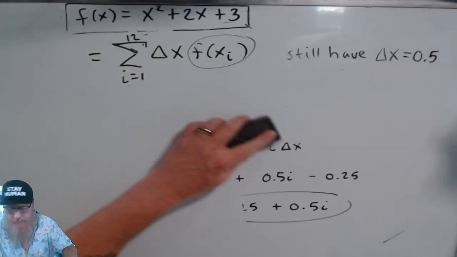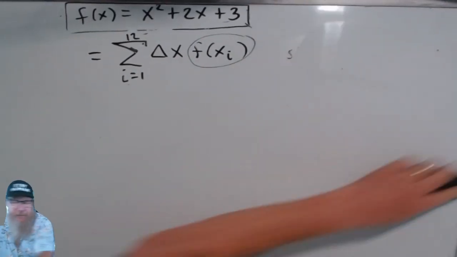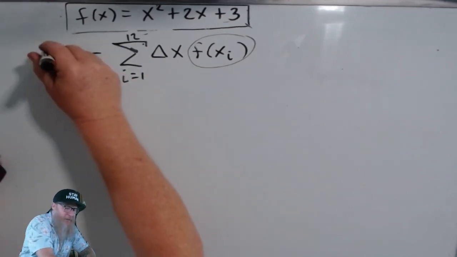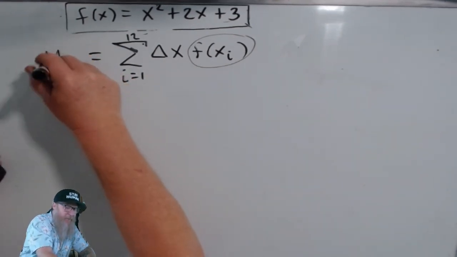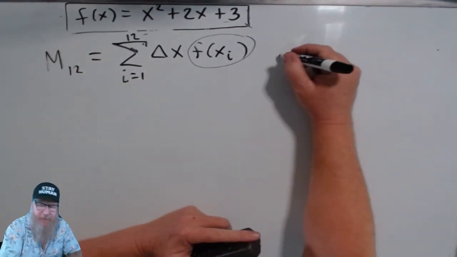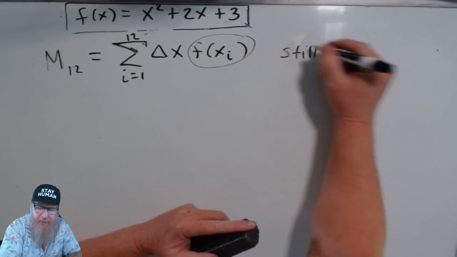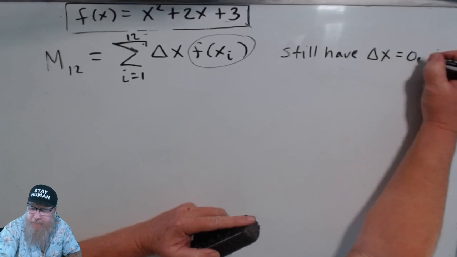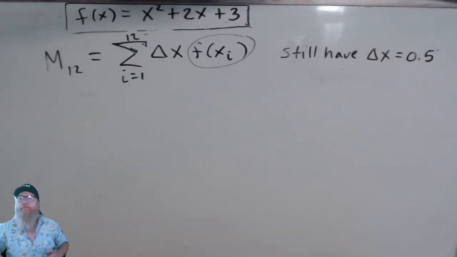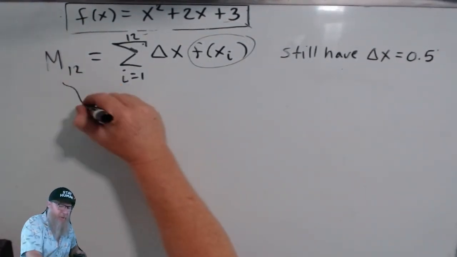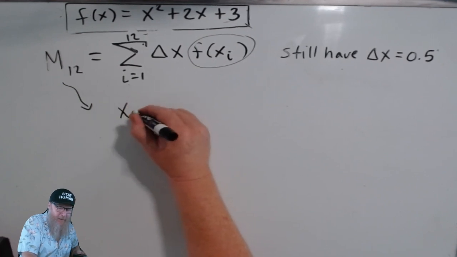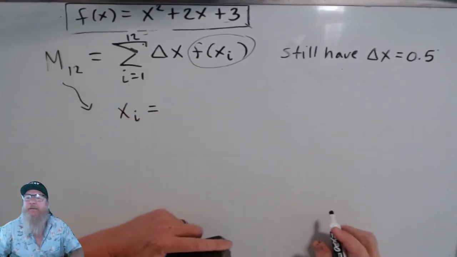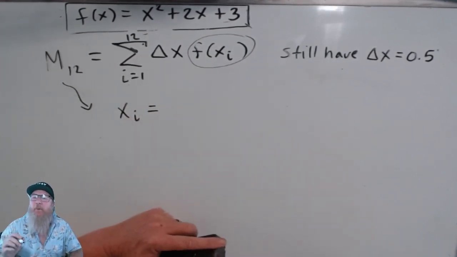Yeah. All right, so the last approximation is M12, the midpoint approximation. We still have delta x is the same, 0.5. For the midpoint rule, when we find our xi's, we're looking for the midpoint.